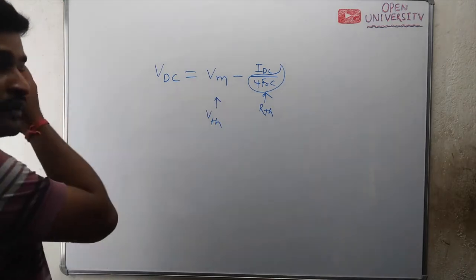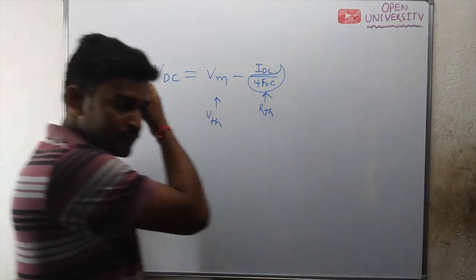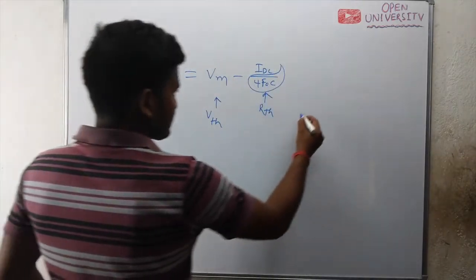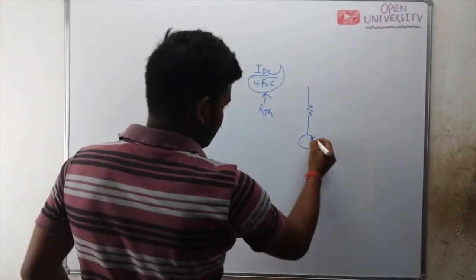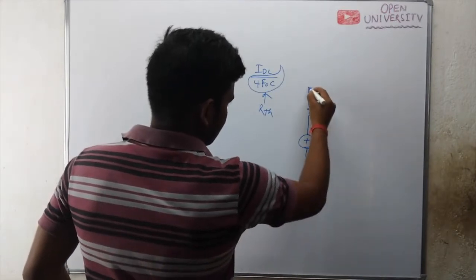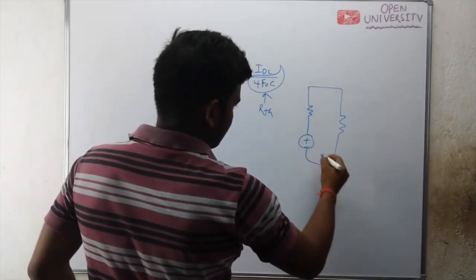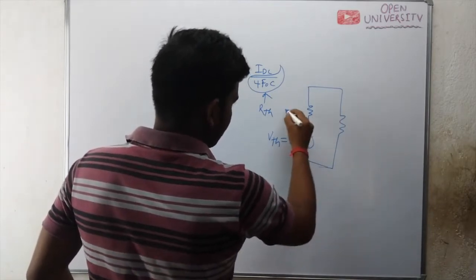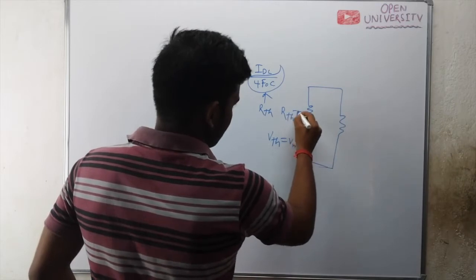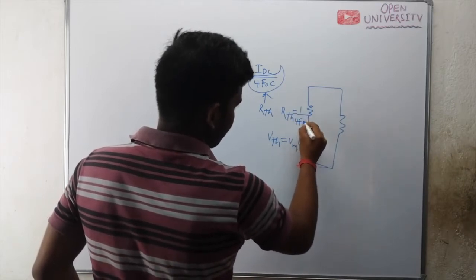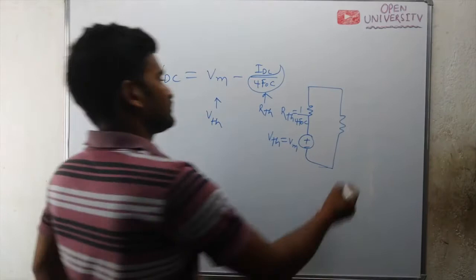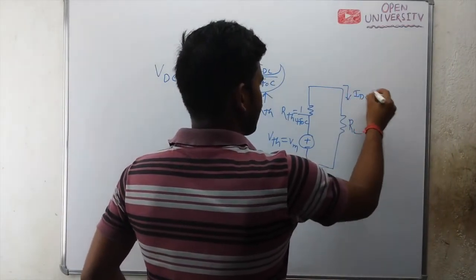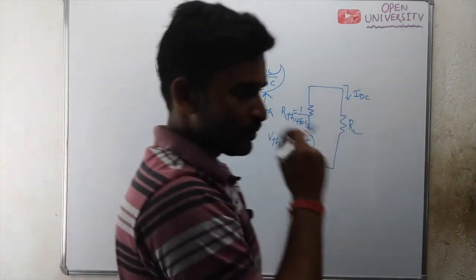So the Thevenin's equivalent circuit of your full wave rectifier with capacitor filter will be something like this. VTH equal to Vm and your RTH equal to 1 by 4 F naught C, and this is your RL, this is your IDC. This is the Thevenin's equivalent circuit of full wave rectifier with capacitor filter.